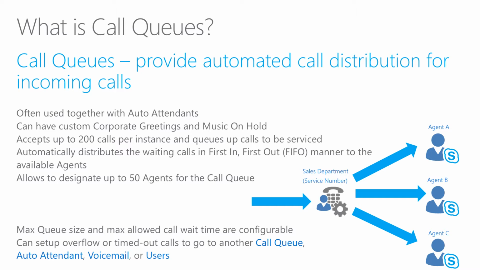They can have custom corporate greetings and music on hold. They accept up to 200 calls per instance, and they queue calls to be serviced using the first in, first out principle. You can assign up to 50 agents to any call queue. You can configure the max queue size and max allowed wait times, and you can do an overflow timeout and send them to a different queue, auto attendant, voicemail, or directly to a user.